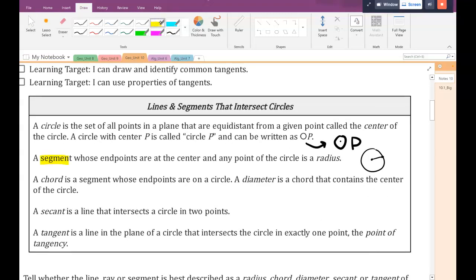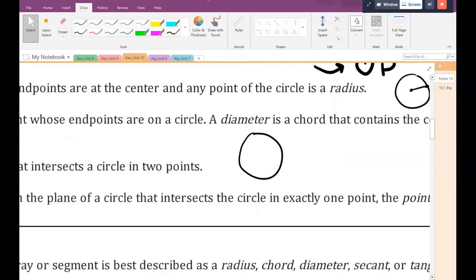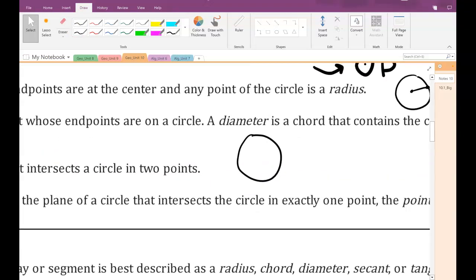Another vocabulary word is chord. So your chord of a circle is a segment whose endpoints are just somewhere on the circle. So we have a circle here. A chord may look like going from just one point here over to the other side here.